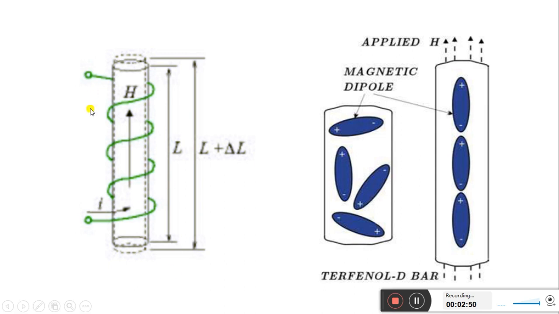So here alteration takes place in the length. That's why after applying a magnetic field, this L is increased to L plus delta L. So this much change is presented in the length of the bar.